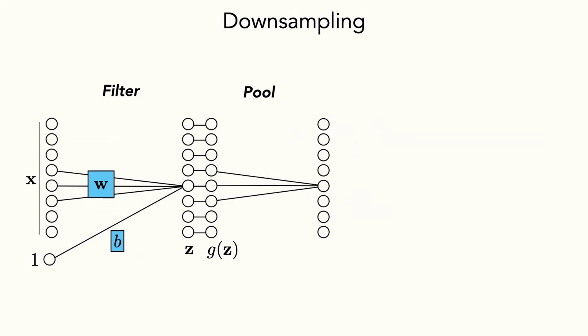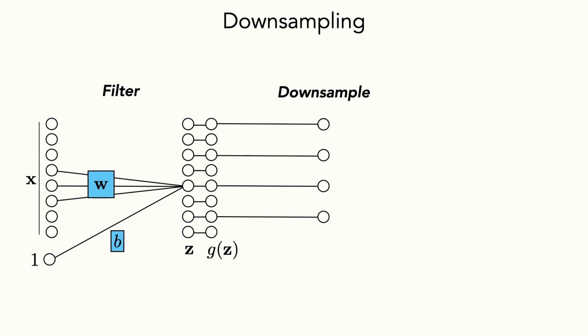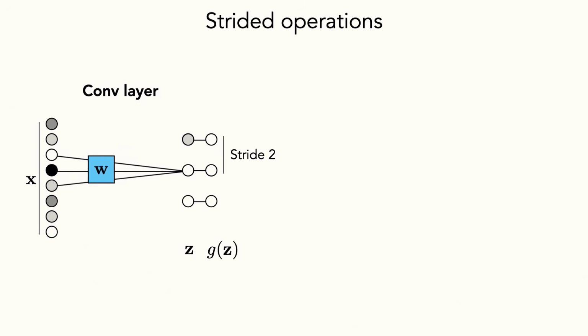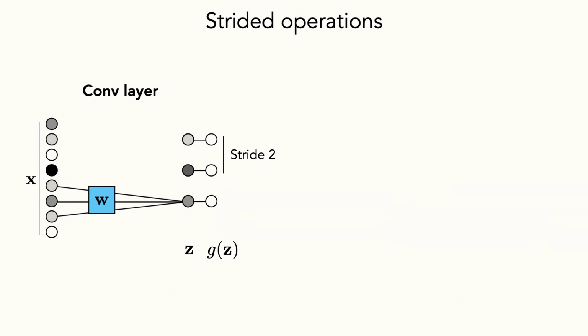If you have pooling, right, you've done your convolutional layer, your activation function, and then something like max pooling, then downsampling would look something like this. Maybe you would only keep some subset of those actual values. And then instead of doing the pooling across all of them, you can also just do straight downsampling, right? And one way that you can do both pooling and downsampling together is through something called a strided operation.